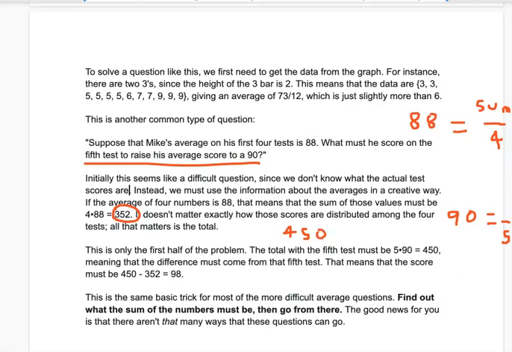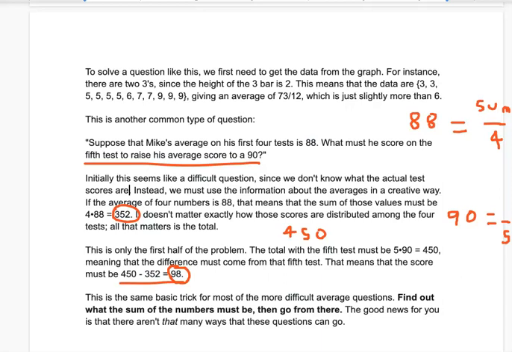And that means that the 5th test is just the difference between the sum of all the tests and the sum of the first 4, 450 minus 352. So he had to get a 98 on the 5th test. So that's an example of a harder type of average problem.